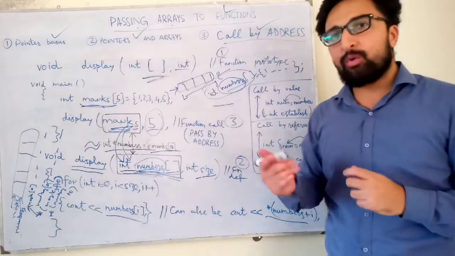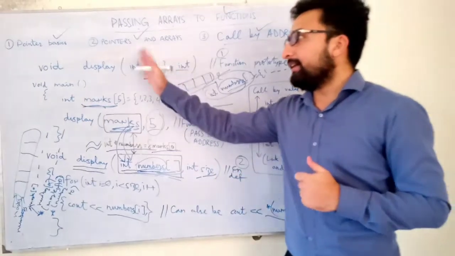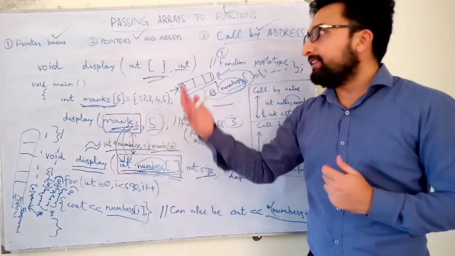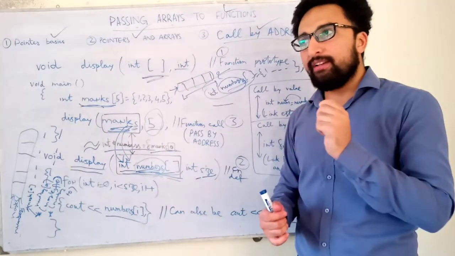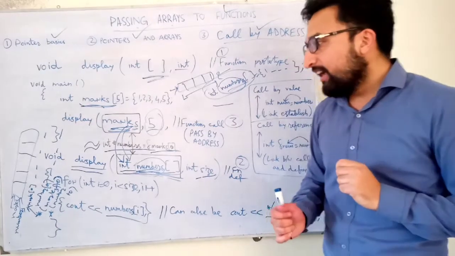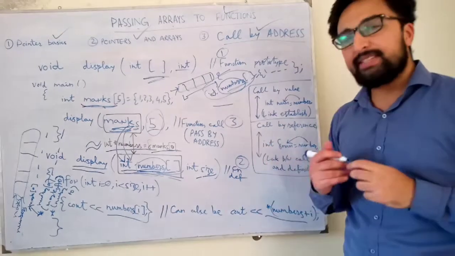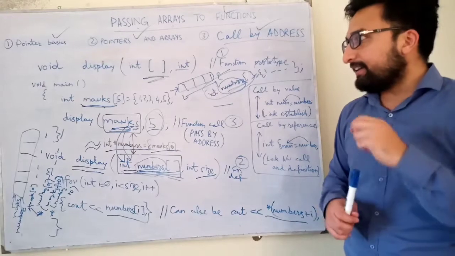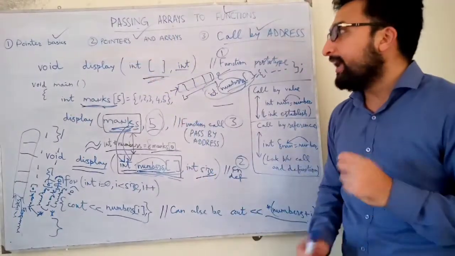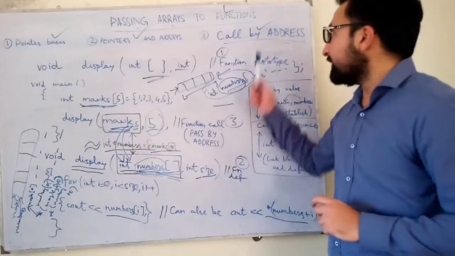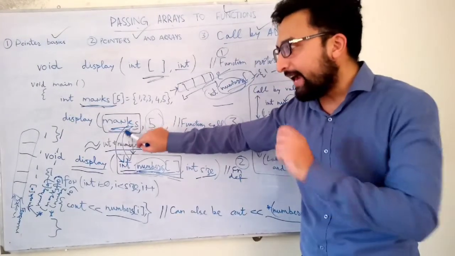So all these things are equivalent, because deep down pointers and arrays work in a lot of similar ways. That is why these equivalences can be established, and the operations supported by pointers are also supported by arrays.